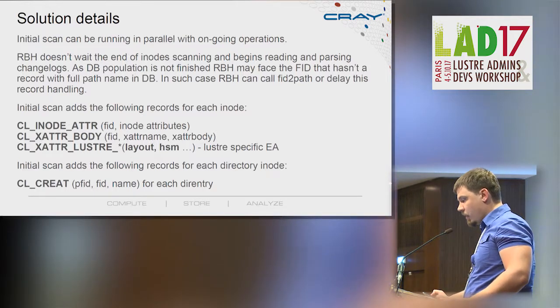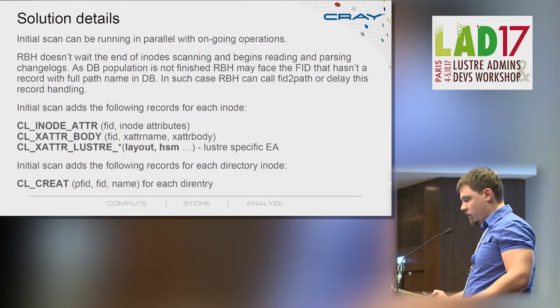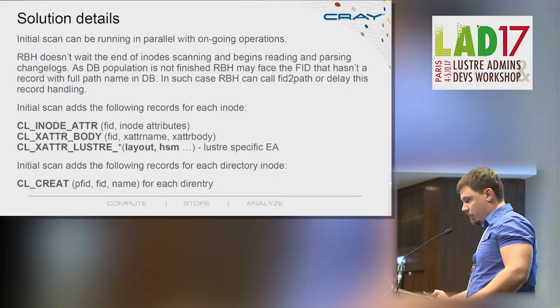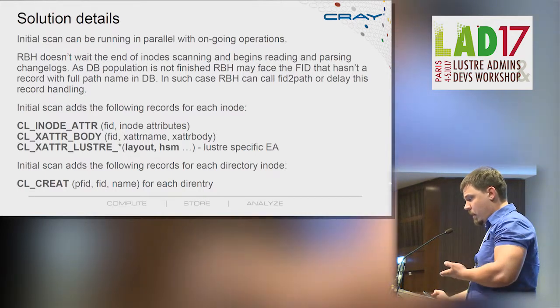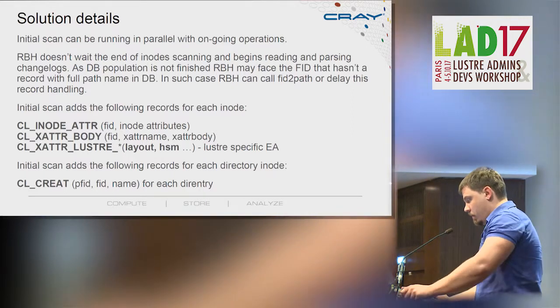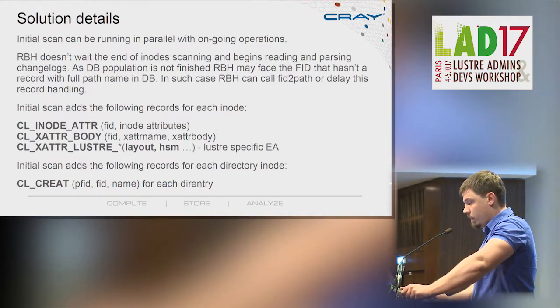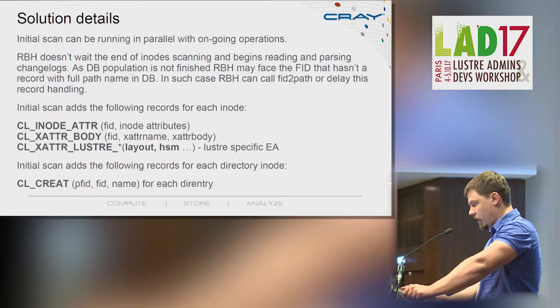Initial scan adds the following records for each inode. That's an example. The names could be different. So the main idea is to have the record for inode attributes, the record for each extended attribute, and the record for each Lustre specific extended attribute.